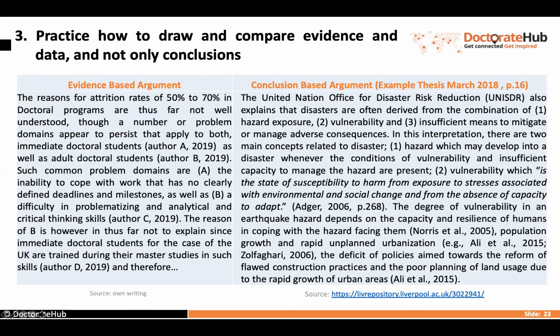On the right side, we work over conclusion, and again, the conclusions are very much geared toward outcome expectations and solutions. In this case, with relation to disaster risk reduction. So this again is framing the narrative very much differently and leads you away from data.